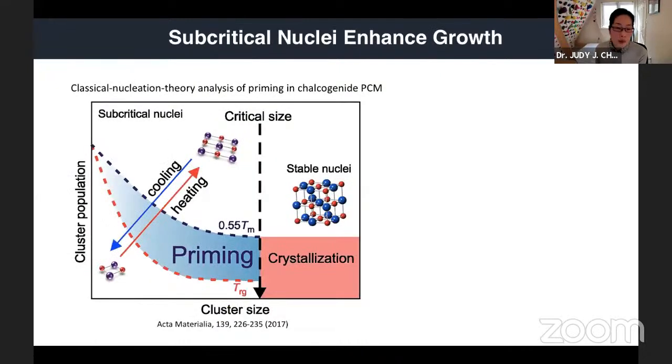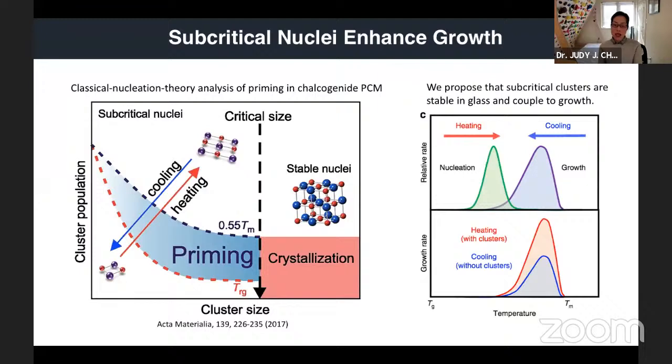To save time, let me just say that what we think is happening is that a lot of subcritical nuclei are baked into the glass system, which are not thermodynamically stable and will not form critical nuclei, but are actually coupled to growth. So in the PCM field, we know that subcritical nuclei can enhance the rate of nucleation.